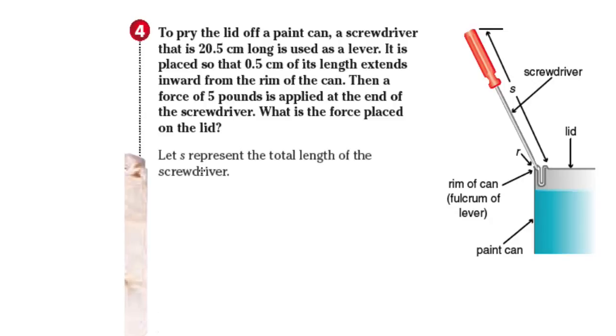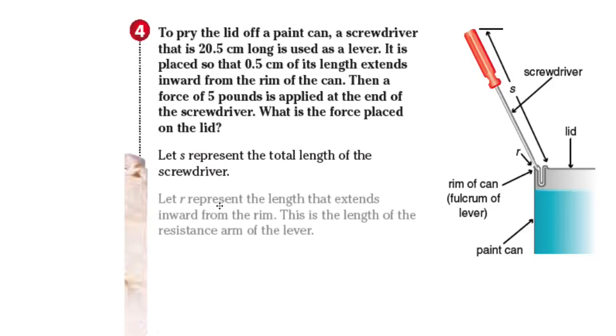So we begin with the let statement. Let S represent the total length of the screwdriver right there. Okay. And let R represent the length that extends inward from the rim. This is the length of the resistance arm of the screwdriver, that particular length right there. Okay.